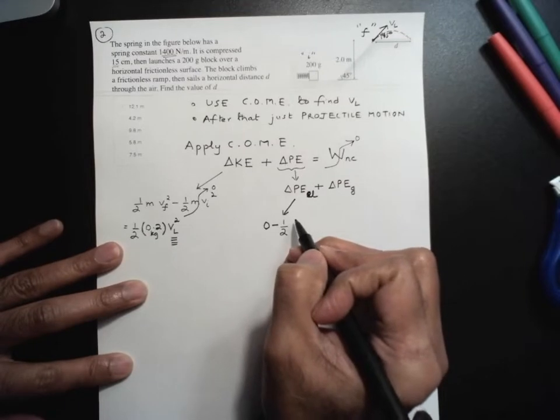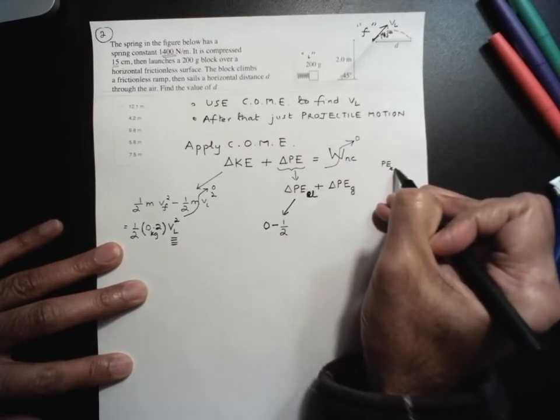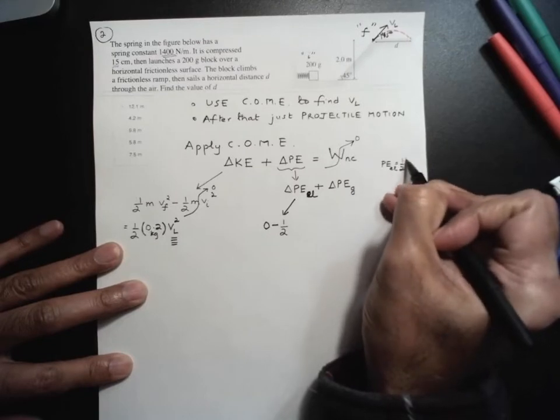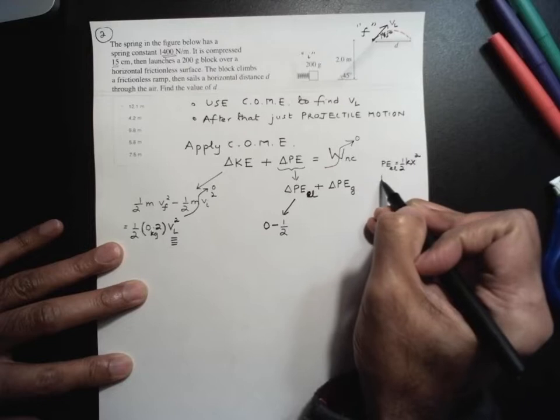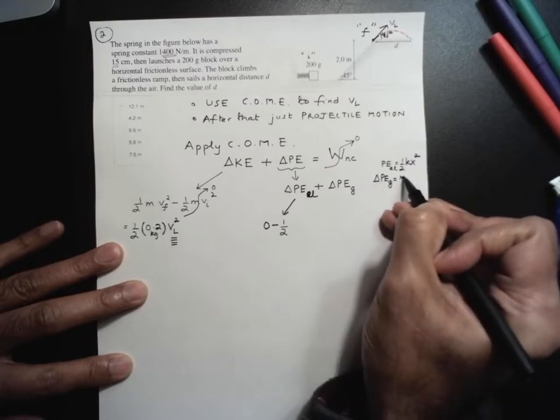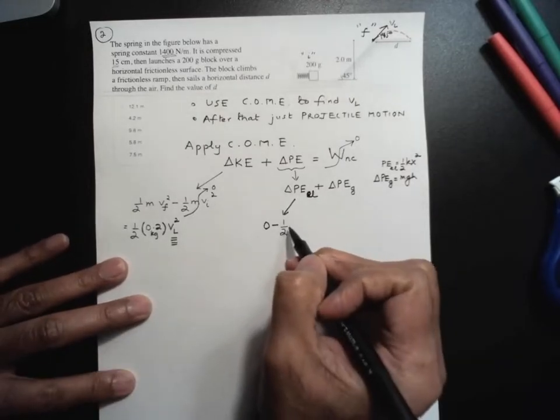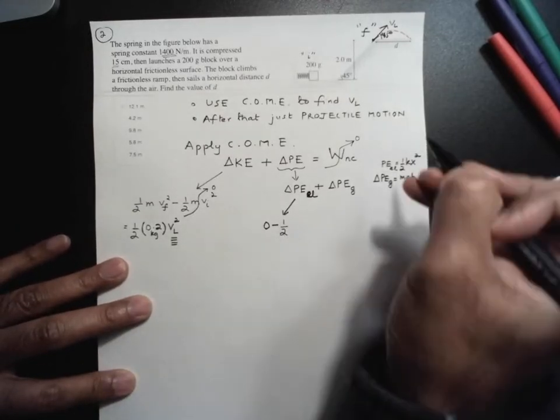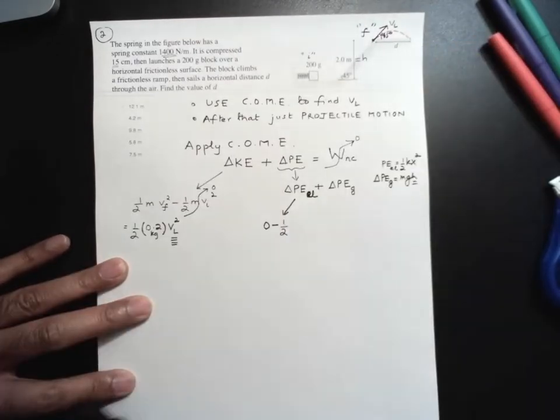I'll just remind you that PE elastic is 1/2 k x squared. And PE gravitational, the change is mgh, and h is the height by which you elevated yourself. So there's the height, 2 meters.